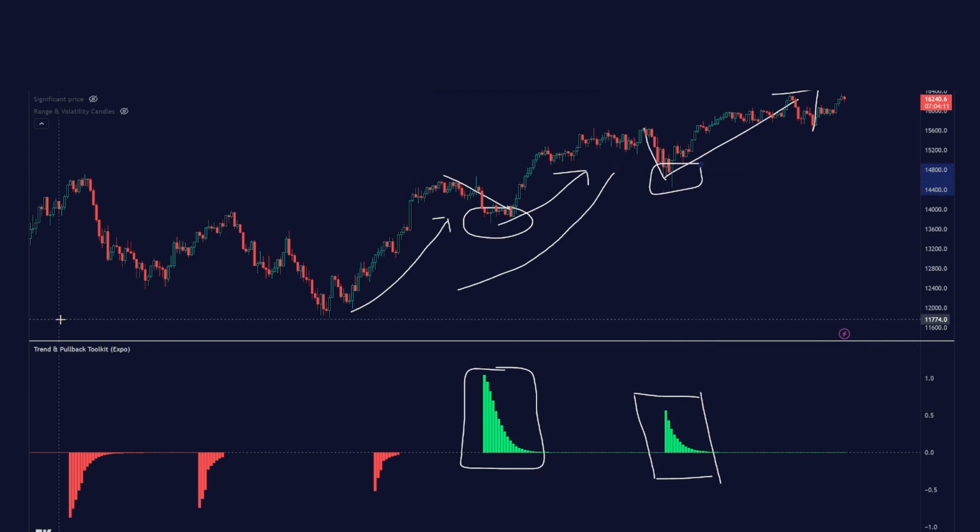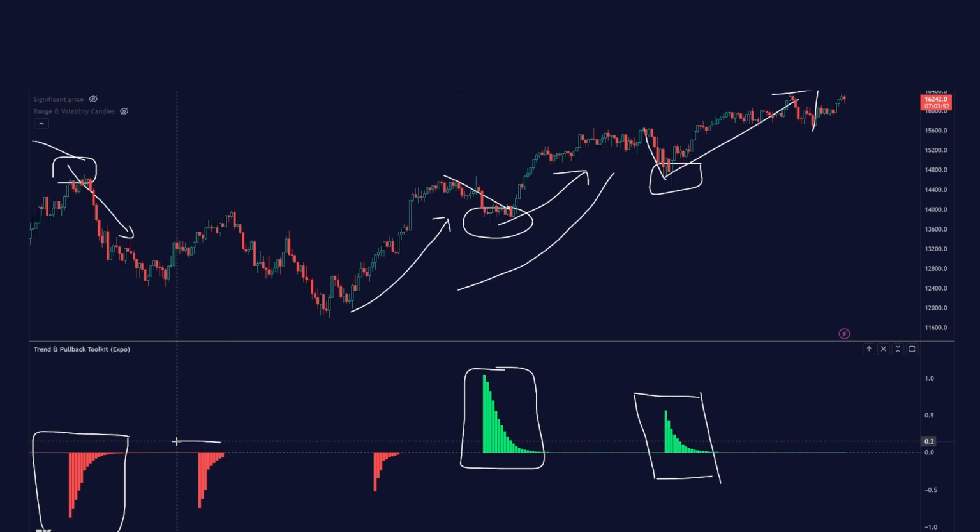And for the short trades, we have a red histogram over here indicating that the market previously has been negative, and when the histogram starts to plot, it can be a sign that we should short the market in this area, and down it goes. Another red histogram, indicating that the market has previously been negative, and this can be a sign of a retracement, and we can enter short in this area, and down it goes.